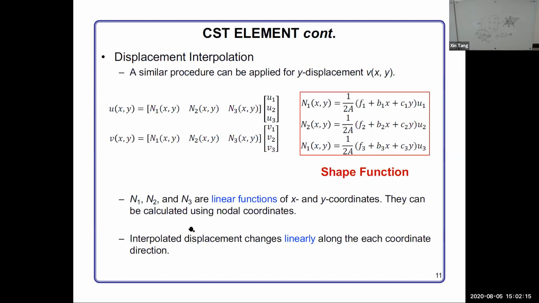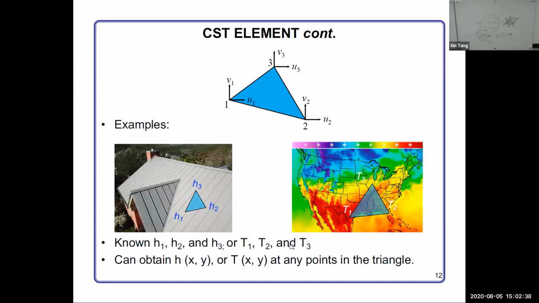That's the exact result. But for points outside of these three nodes, they are fitted by the shape functions. Based on those functions, we can do the linear interpolation to get the displacement.